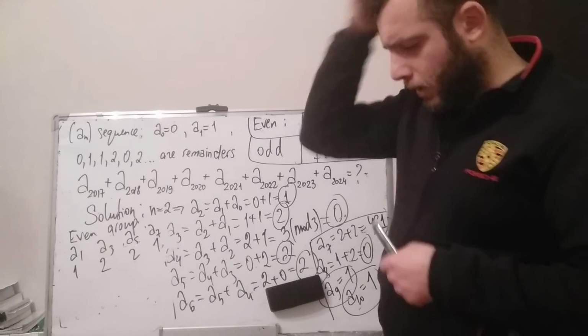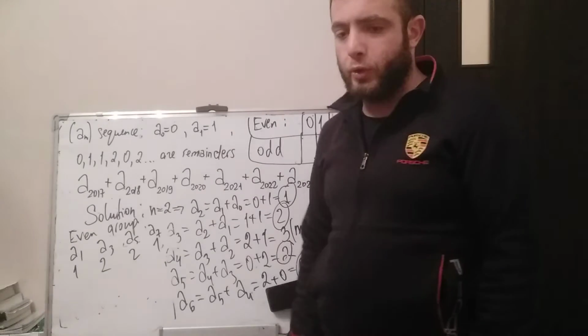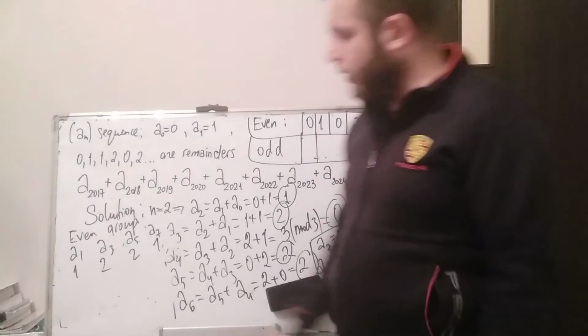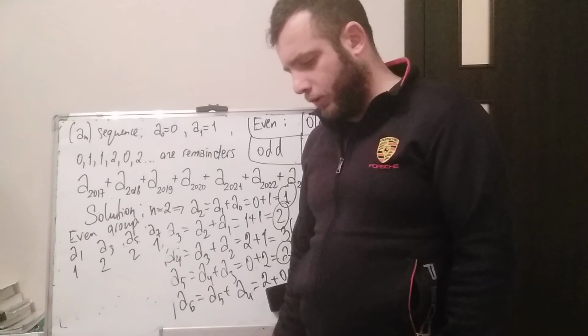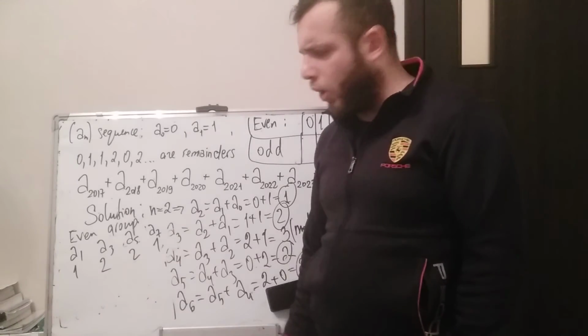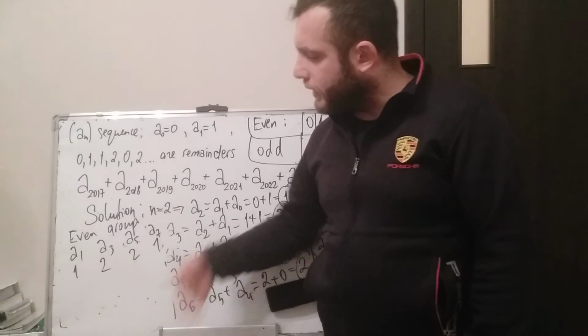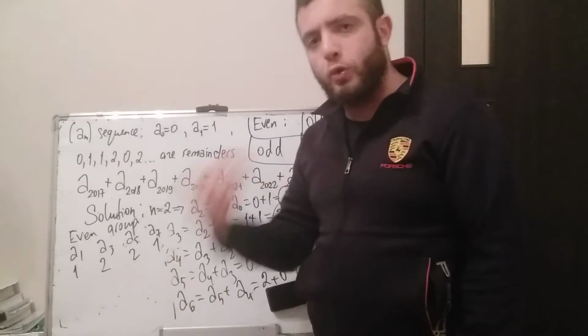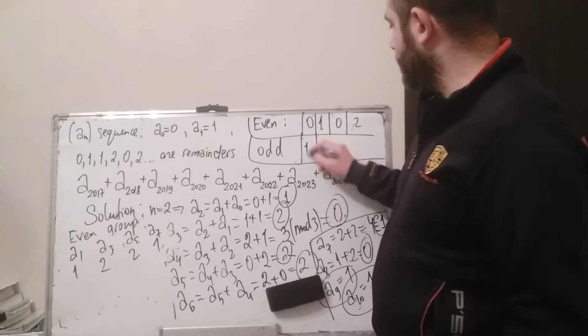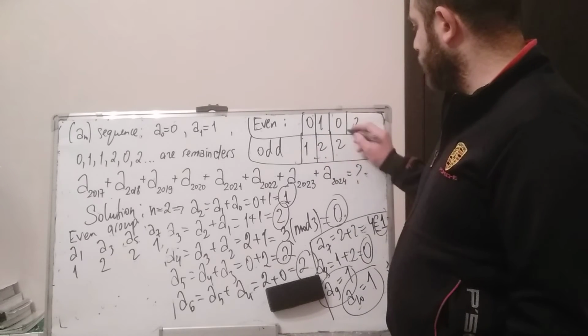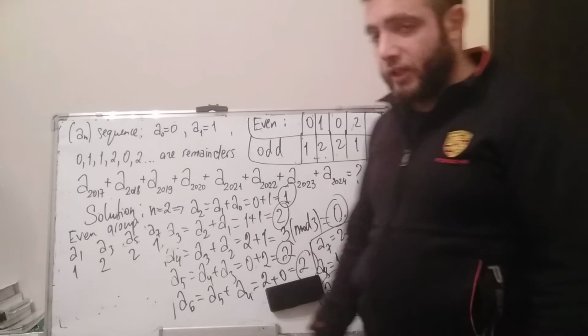You can check if you want to be sure. You will see that the odd index terms of the sequence only get values like 1, 2, 2, 1, 1, 2, 2, 1. So they will periodically change like 1, 2, 2, 1. They will not give anything different.